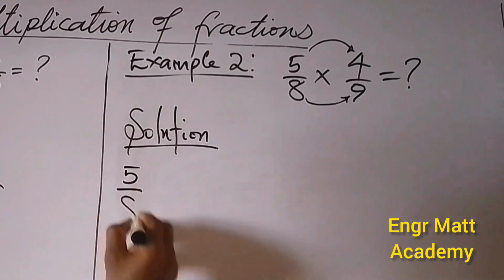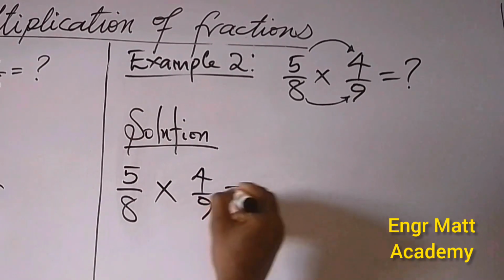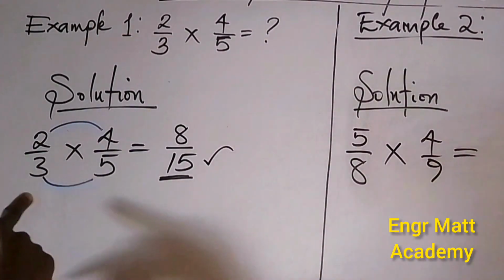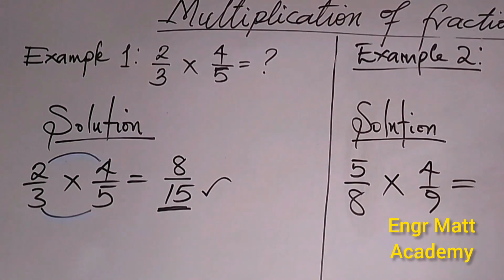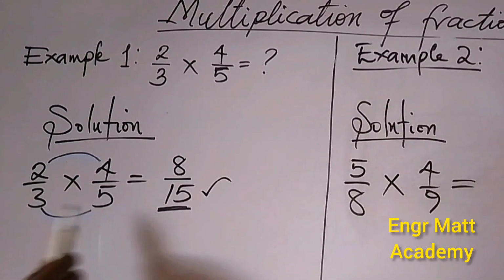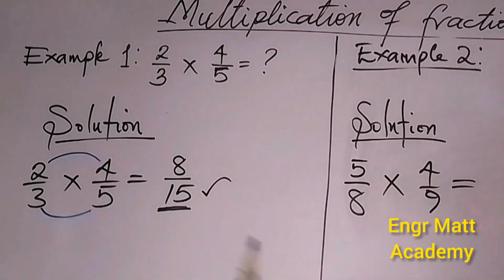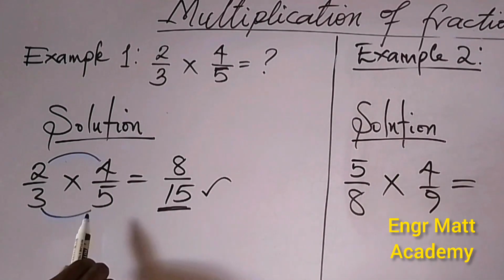What do I mean by that? Let's see. 4 over 9. In the previous example, there was no number that could cancel out. Let me explain. 2 cannot cancel 3 or 5. Similarly, 4 cannot cancel 3 or 5.